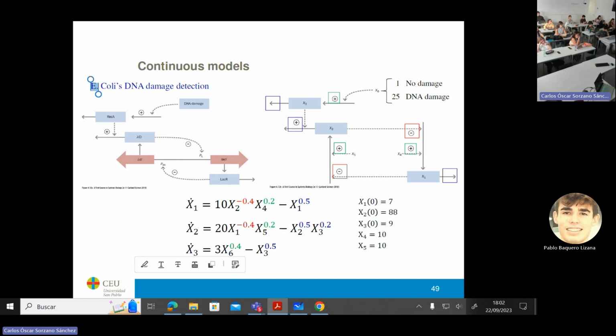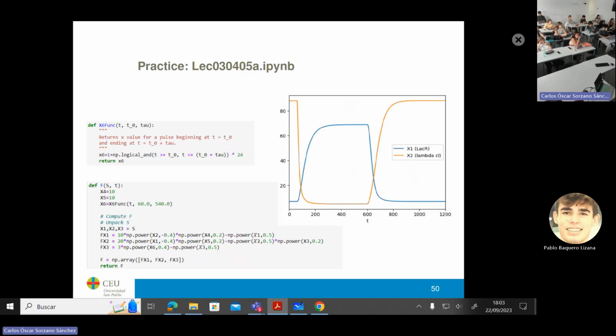This lambda CI has to multiply this one, and it has an inhibitory effect, so we use a minus power there. Sorry, I was reading the wrong equation. It is this one; we are talking about X3.